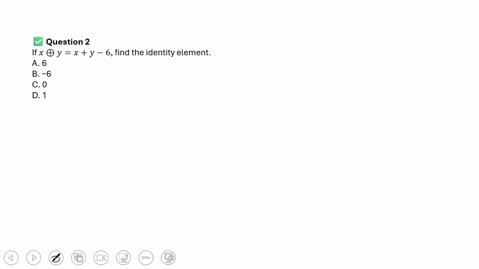So the second question is that if x star y is equal to x plus y minus 6, find the identity element. Again, this element is the element that you introduce in this expression that will make it not change. So I can write it symbolically like x star e is equal to x.